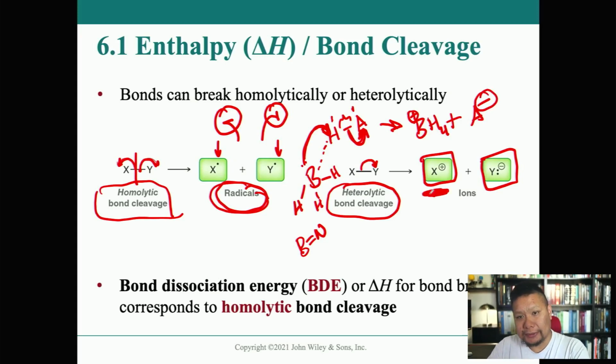But sometimes you have bases that already have their full octets, or they're slightly deficient 1 electron.